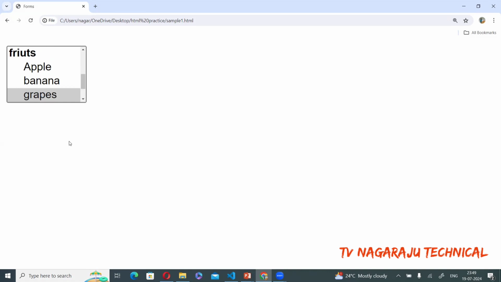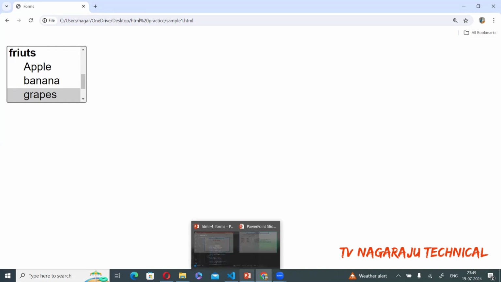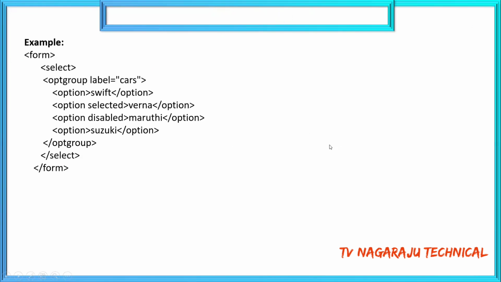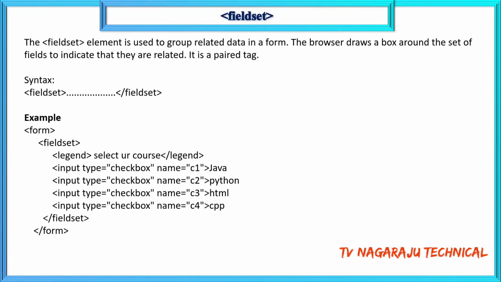If you have not given any multiple option, only one is displayed. And if you are using size, it displays that many options. Clear? So this is the way to create a drop-down list.